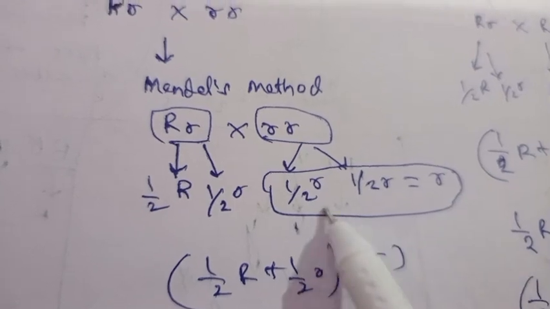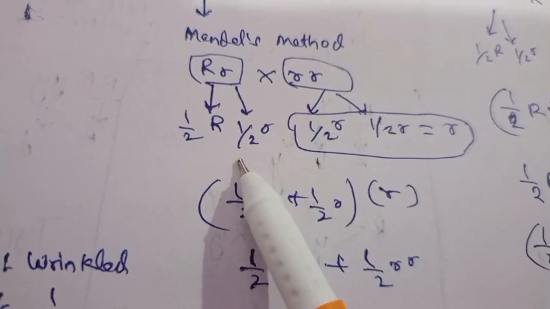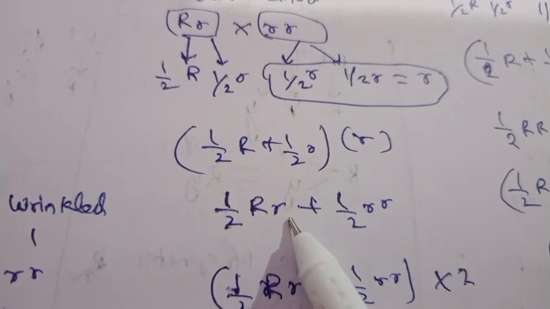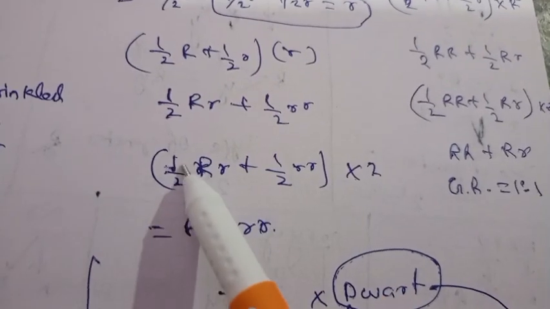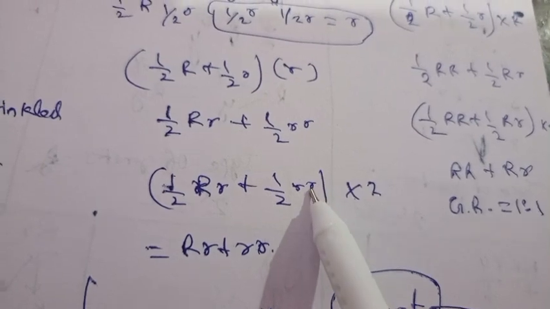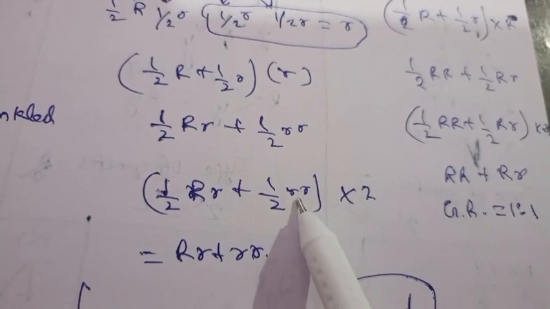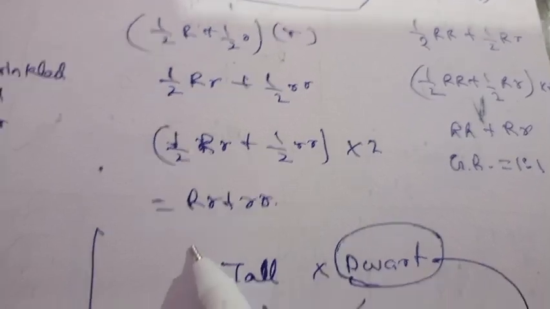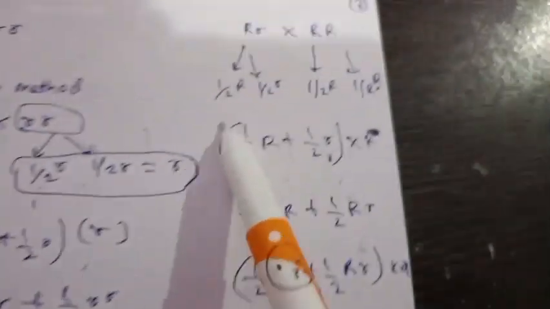Half capital R plus half small r, half heterozygous round plus half homozygous wrinkle, half round plus half wrinkle. We get 1 is to 1 ratio. Hence wrinkle and round.